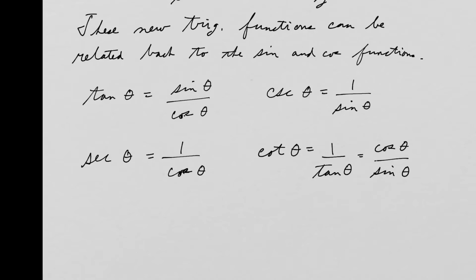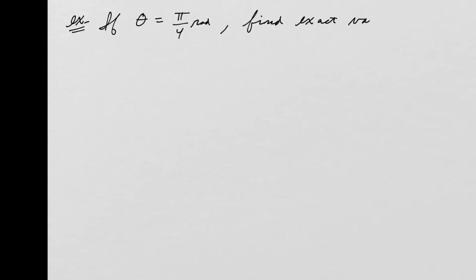Okay, so let's do some examples of this. Let's say I'm given the following. Let's say theta equals pi over 4, meaning pi over 4 radians, find exact values for, let's say, all 6 of our trig functions.